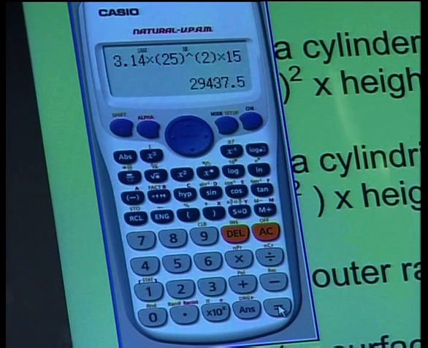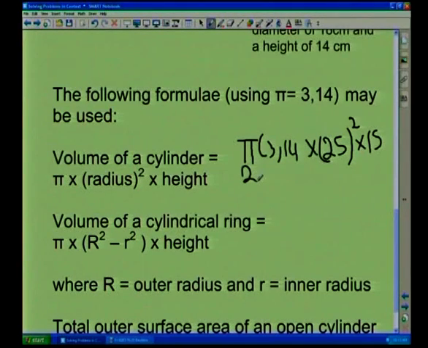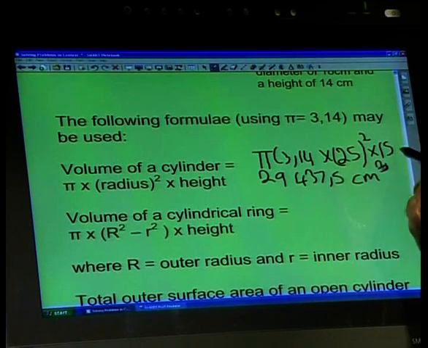That gives us a total of 29,437.5. And remember, the answer has units again, and because we were measuring in centimeters, we're going to have to make that centimeters cubed. Remember, I've squared the unit here, so that's already centimeters squared, and I've got a thickness, so it gives me a total of centimeters cubed. Always, when we're dealing with volume, we're working with cubic units.